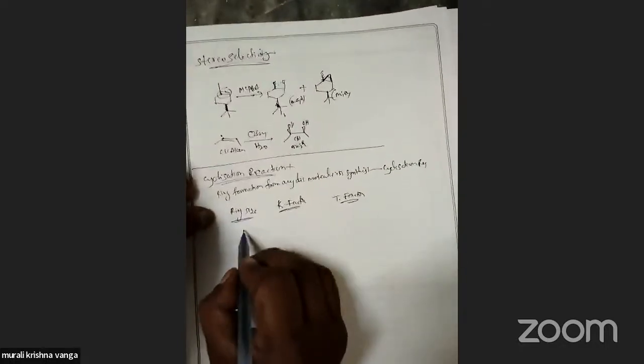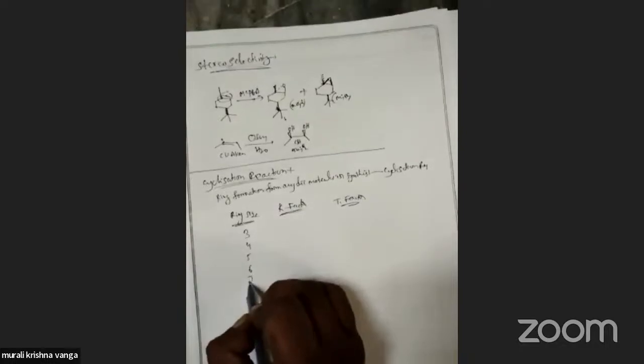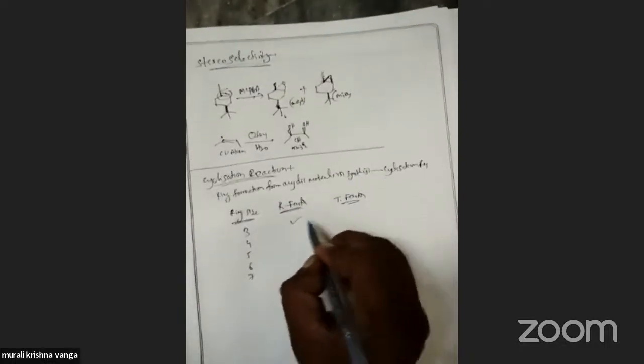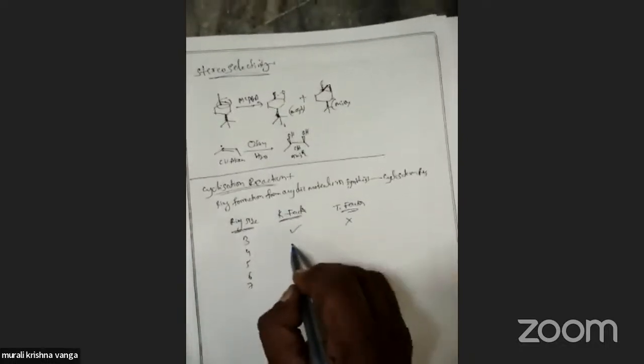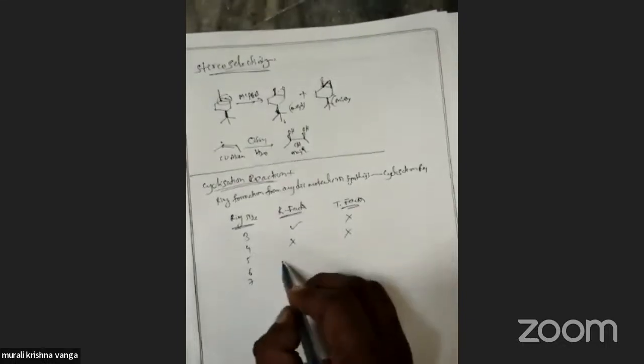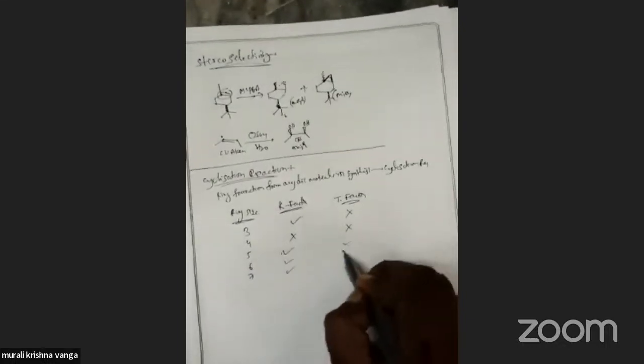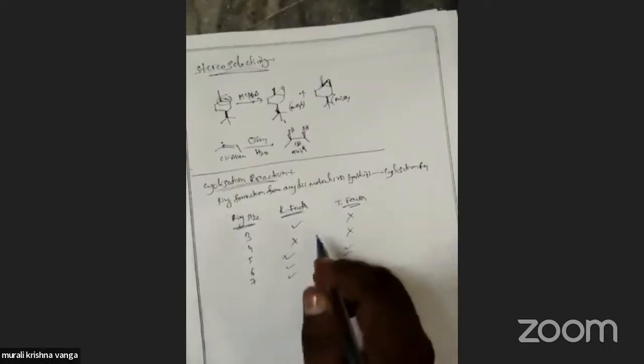Ring sizes: three-membered ring, four-membered ring, 5, 6, 7. Three-membered ring is highly favored kinetically, highly disfavored thermodynamically. Four-membered is disfavored in both. Five-membered and six-membered are highly favored in both.